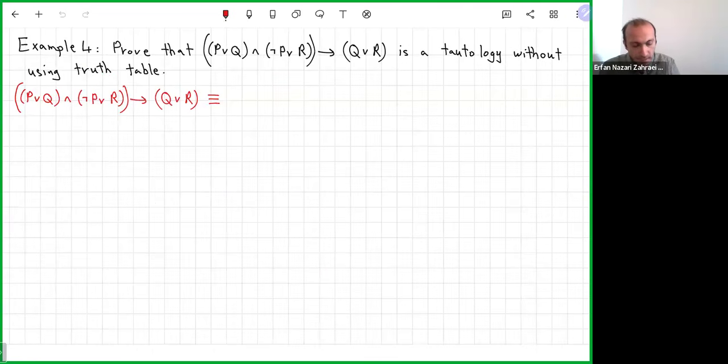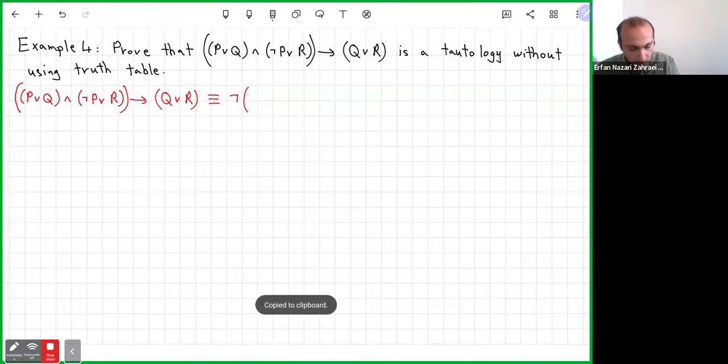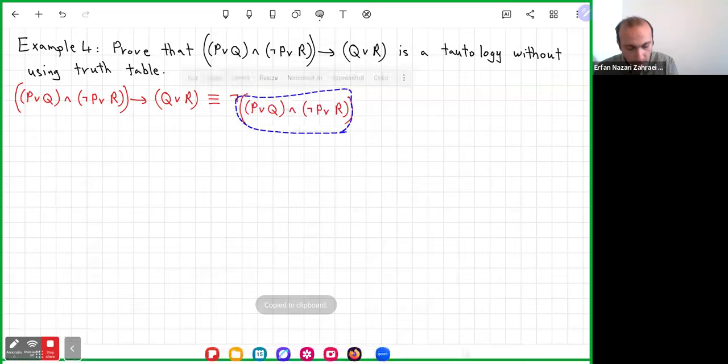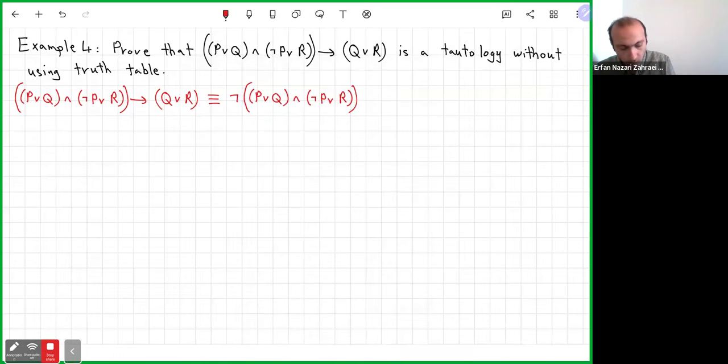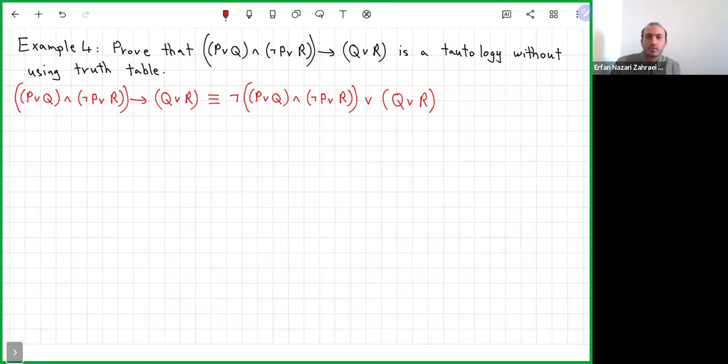Let me again use that. So it's not this huge parenthesis or this. Let me copy it: this or this. Then what can I use?